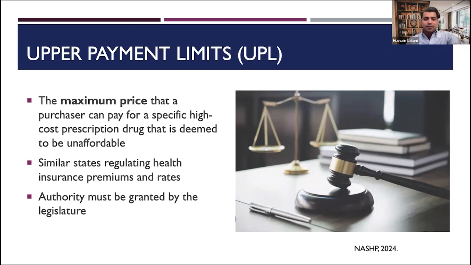This is similar to how states sometimes regulate health insurance premiums and health insurance rates at the state level. And this is an authority that must be granted by the legislature. And so not all states have the ability to set upper payment limits.